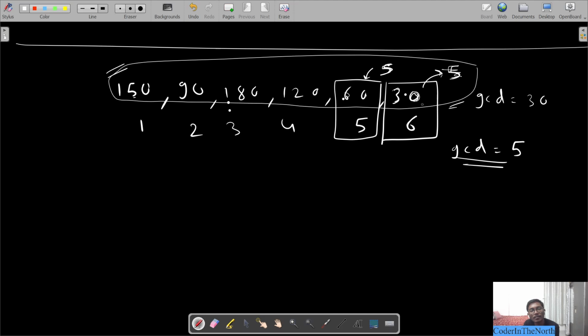Then GCD of 30 and 6, sorry, will be 6. In the last case, the GCD was 6 when I was updating this, and when I was updating this, the GCD was 5. Now when I updated both of these, you can see now the GCD is 1.